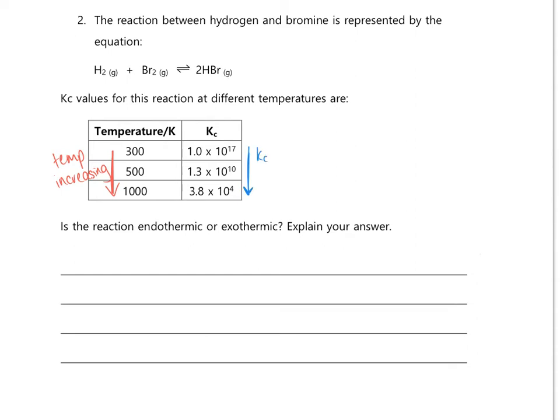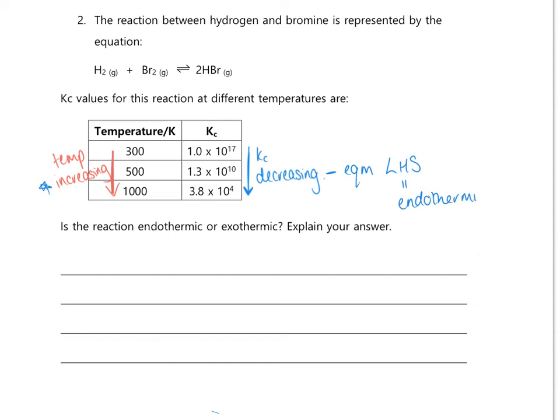So my value of Kc is actually decreasing. What does that tell me about the direction that my equilibrium is shifting to? Well, if Kc decreases, that must mean the equilibrium is shifting to the left-hand side. We know that increases of temperature, which is what I'm doing here, favours the endothermic reaction.